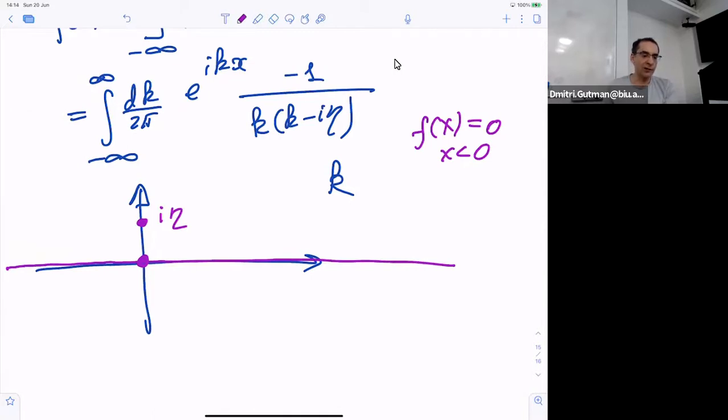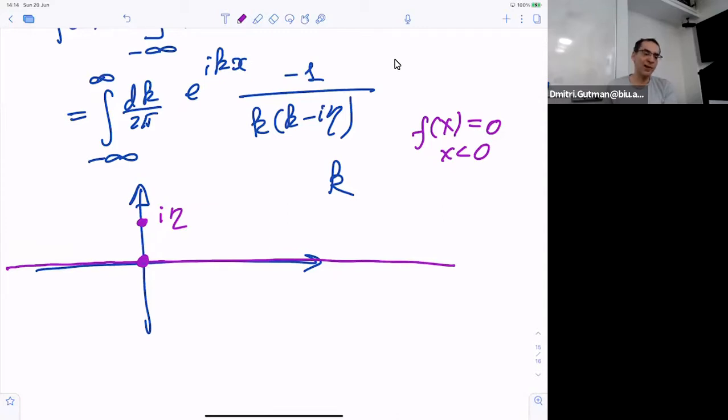And now it's a moment to stop and think where this 0 actually lies. So now, if we want that for x smaller than 0 this integral vanishes, it means that we should be able to close the contour of integration for negative x without picking any poles.